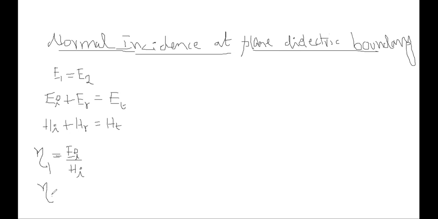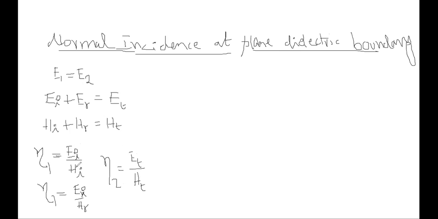It is also similar that eta 1 is equal to ER by HR, because the reflected beam and the incident beam both are in the same dielectric 1. And eta 2 is equal to ET by HT, the ratio between the electric and the magnetic field. So HI plus HR is equal to HT.